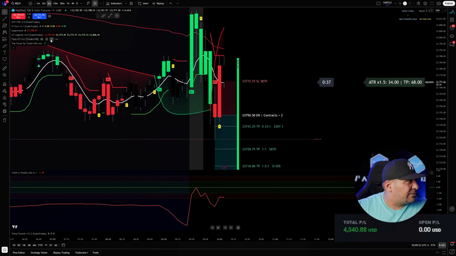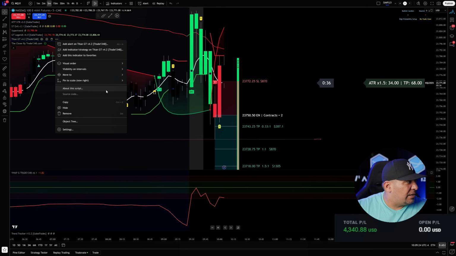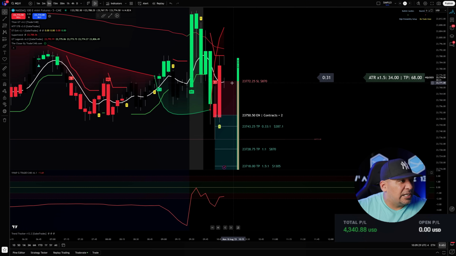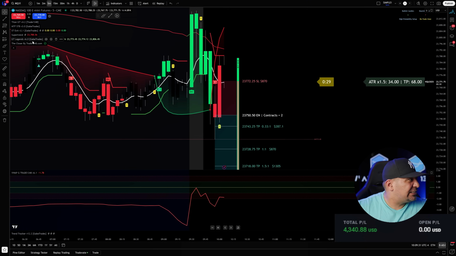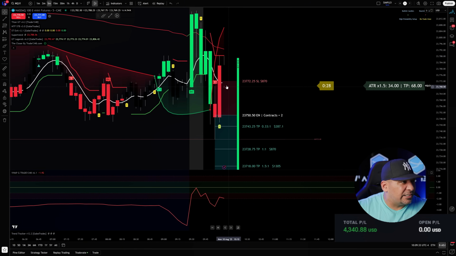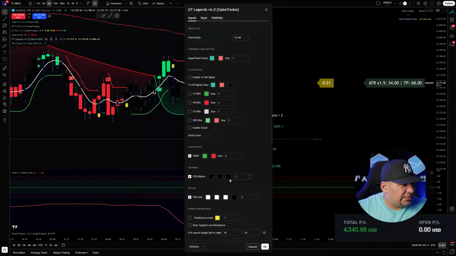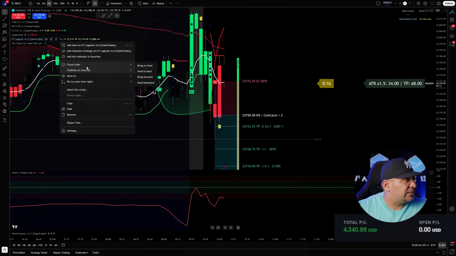Let's bring this to the front. So let's go visible order, bring to front, so that we can see GT. I want to see these lines here, right? Is that going to be GT here? Yes. Okay, so we're going to bring GT to the front.